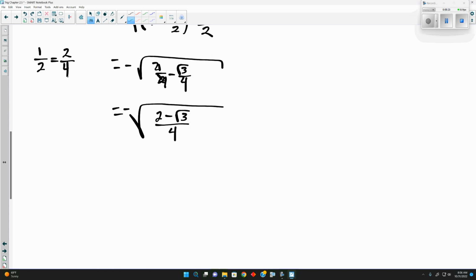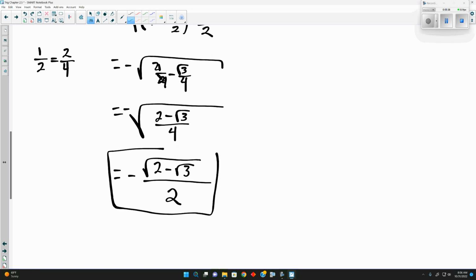At this point here, we'll be taking the square root of the numerator and denominator. So the numerator is going to be the square root of 2 minus the square root of 3. And the square root of 4 is, well, 2. And we get this here.